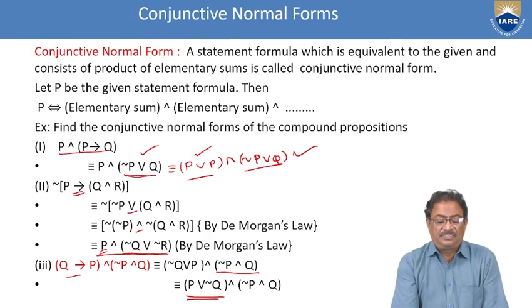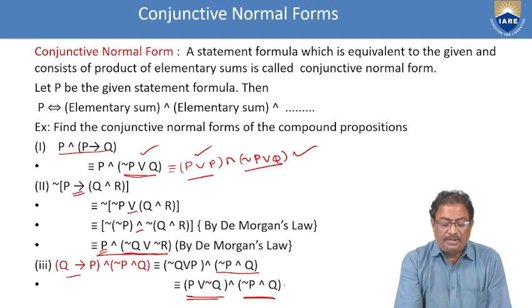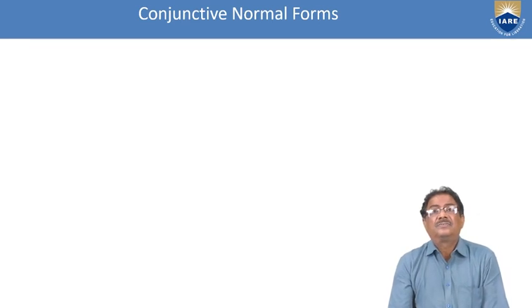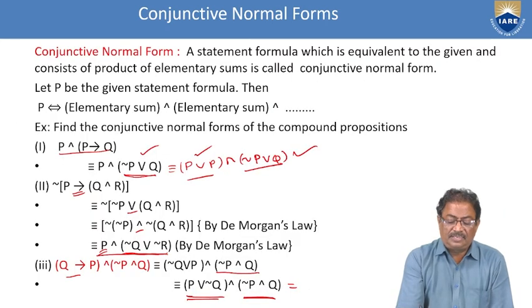First you observe this. This is negation P. This is the sum, but this one is not the product of this thing. So we can consider some more steps we have to perform on this.